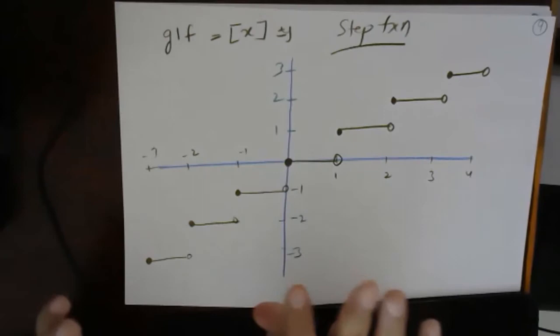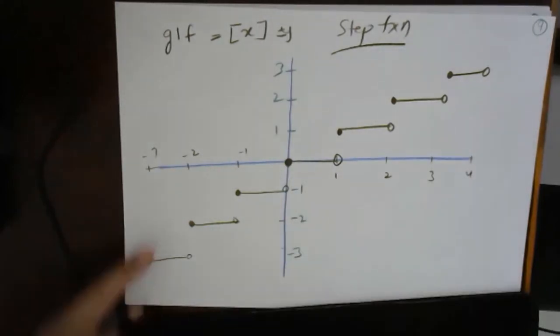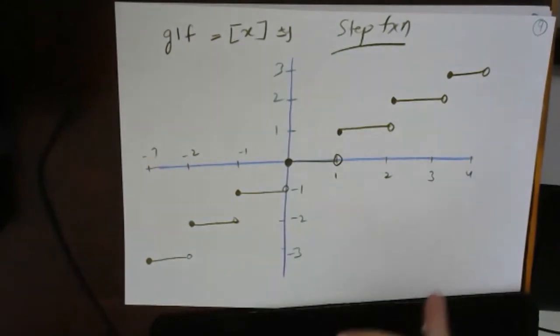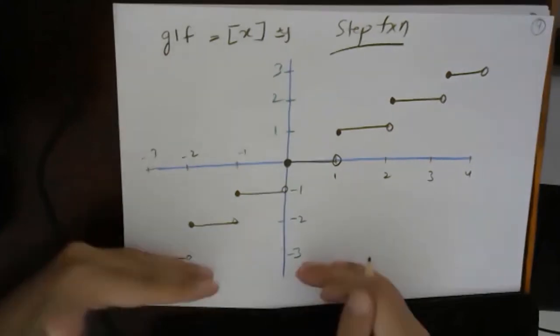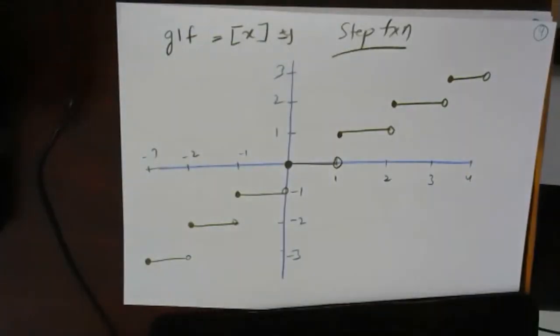But greatest integer function of x, just greatest integer function of x. This kind of a function where you have steps is also called a step function. And it can be downward also. This kind of, these are steps, right? One after another above. And steps can come down also, right?